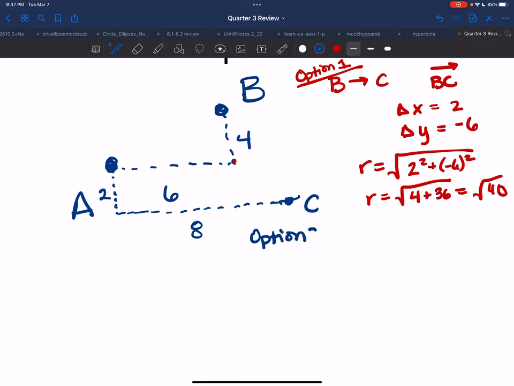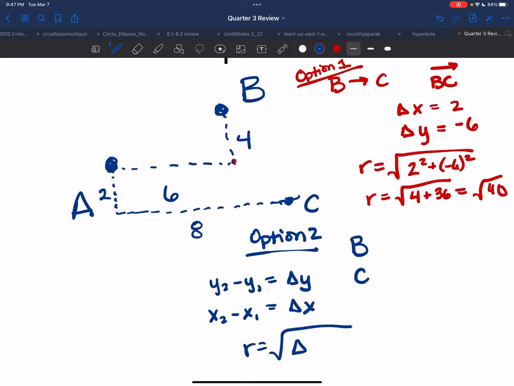So option 2. The other option, what we could do is look at our position vector for B, our position vector for C, and then label that and find y2 minus y1, which will give me my delta y, and x2 minus x1 gives me my delta x, and then I would take those values, square them, and come up with my answer.